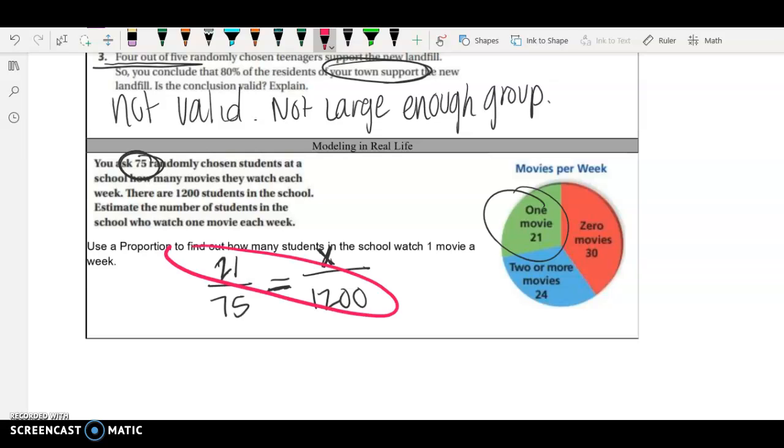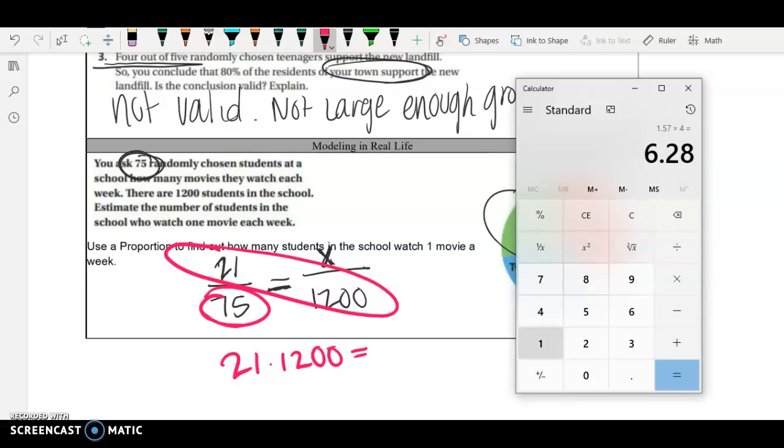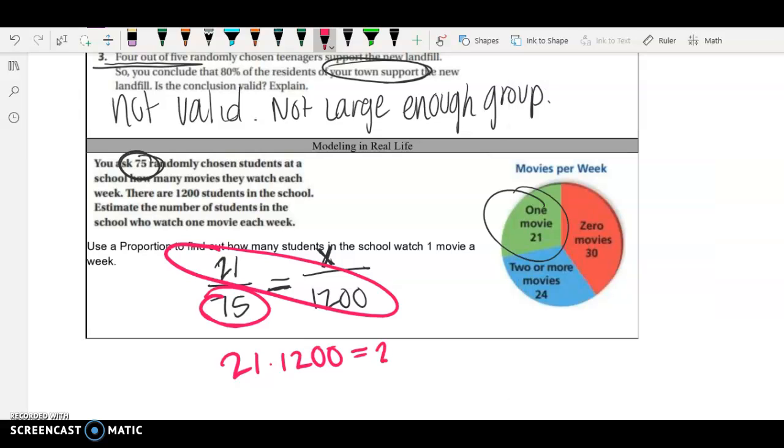So remember doing this, we're going to cross multiply and then divide by our third. So we are going to do 21 times 1,200 is going to equal 25,200, and then we divide by our third number, which is 75.